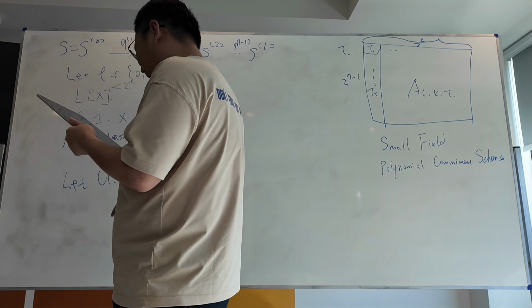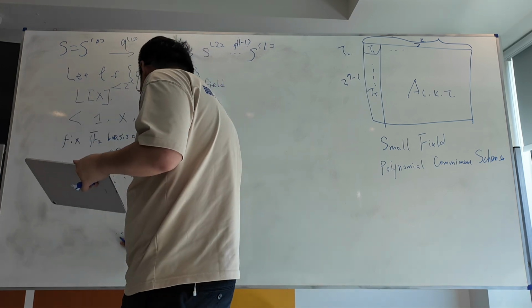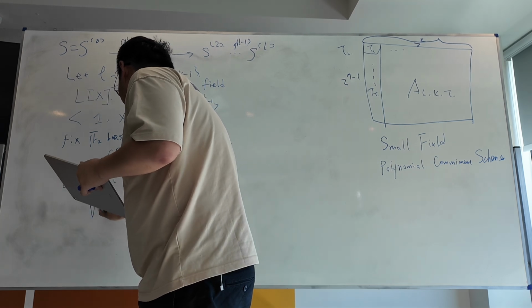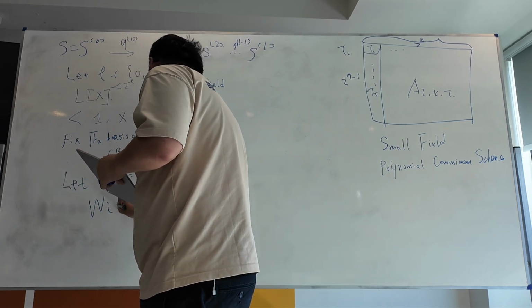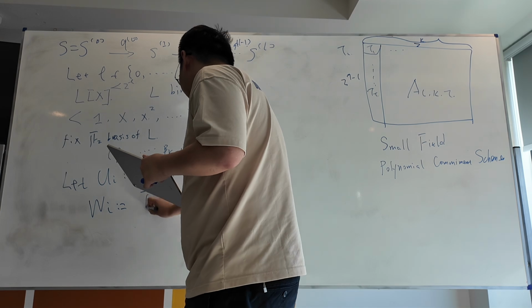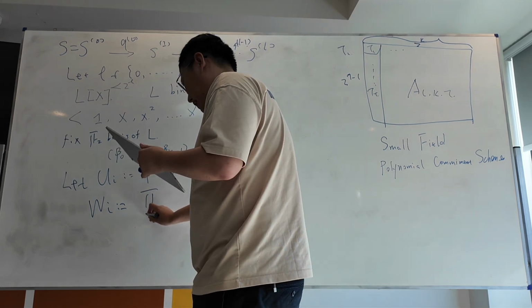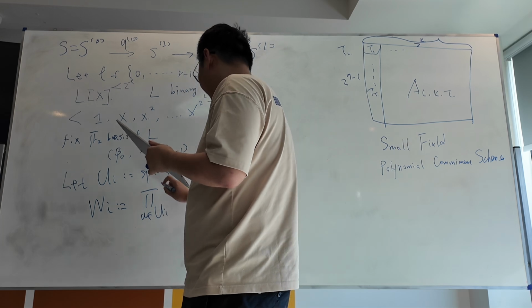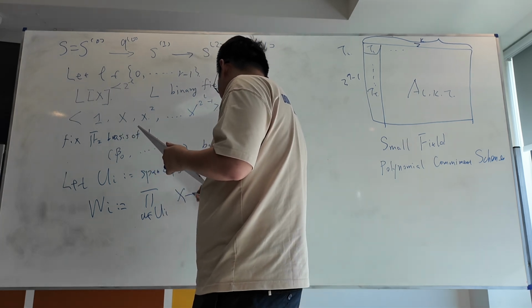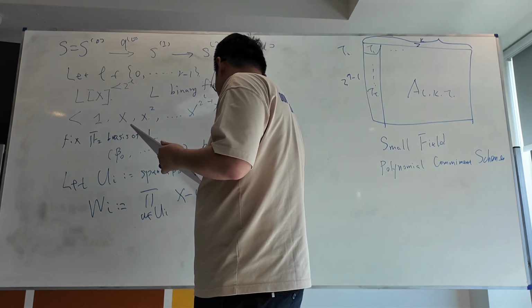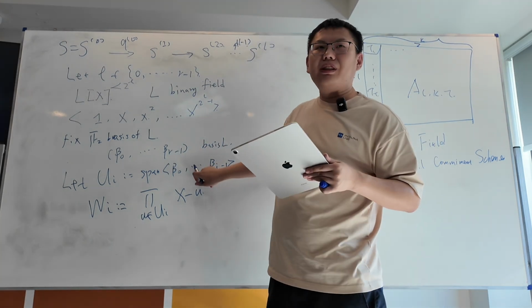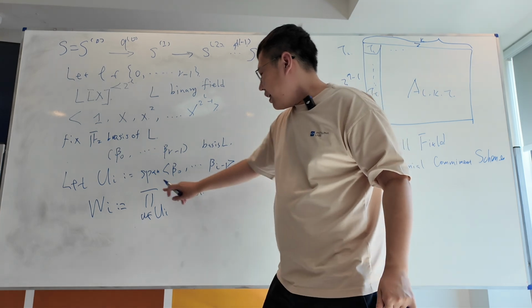And we use the subspace vanishing polynomial, which is defined by the product over u in U_i.